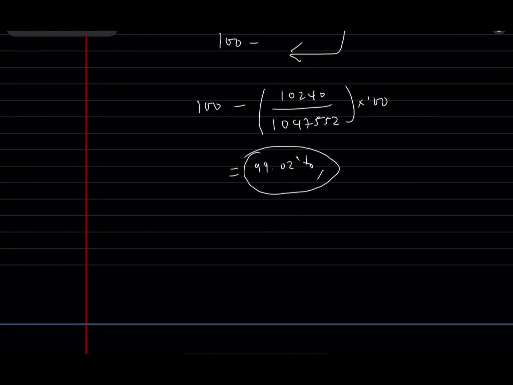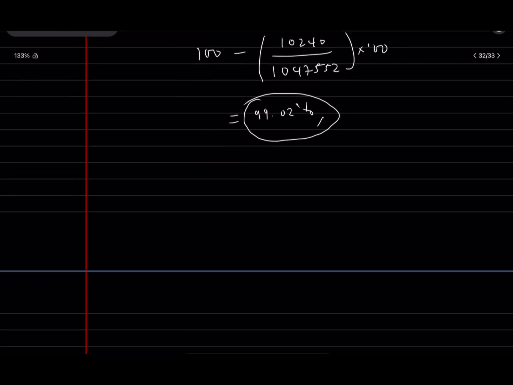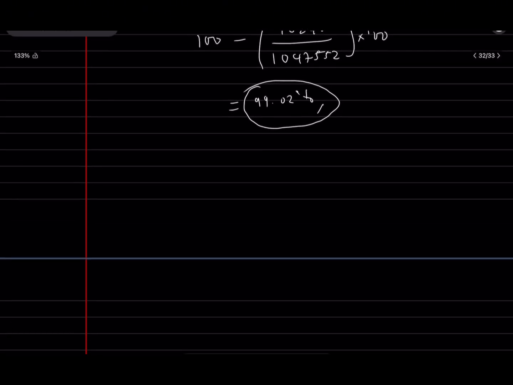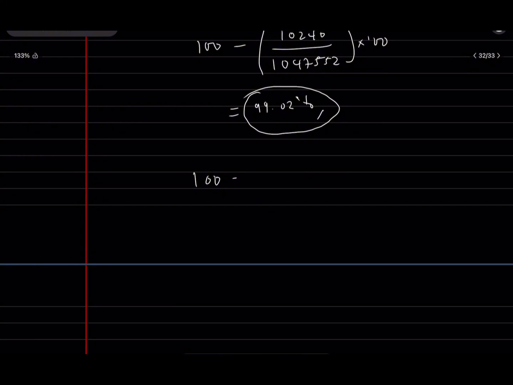And then when you look at the multiplication, the percentage of multiplication saved follows the same approach: 100 minus the number of multiplications that we did, which was 5,120 over 1,048,576 times 100.